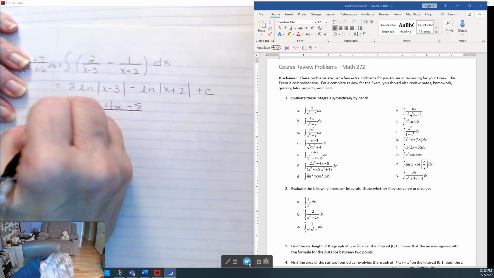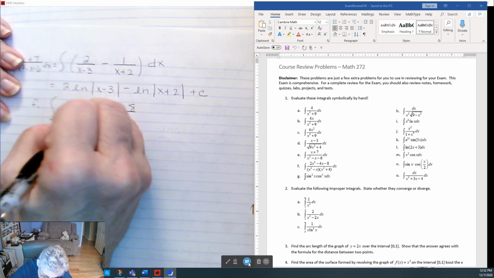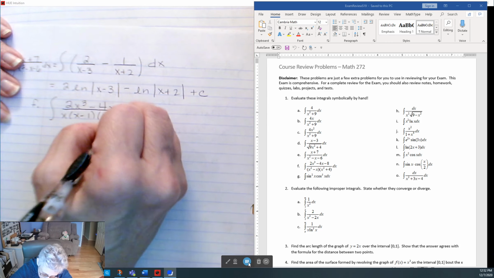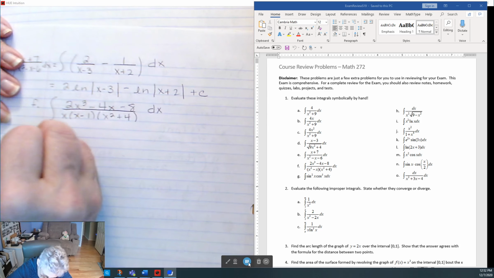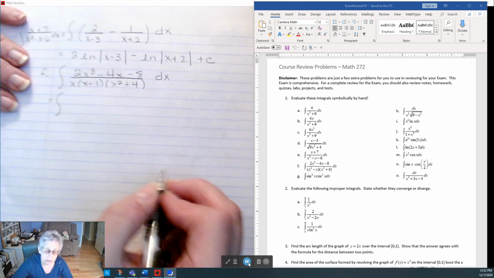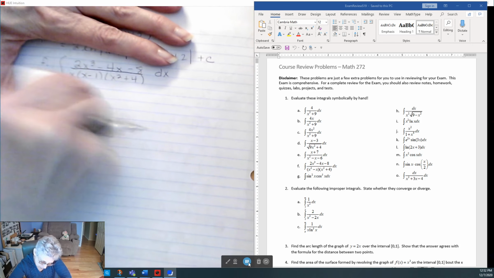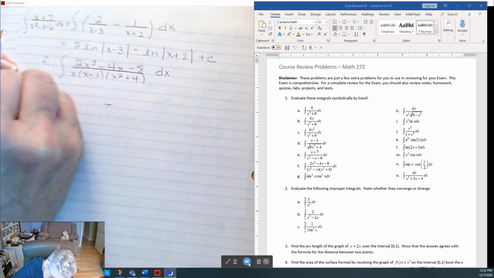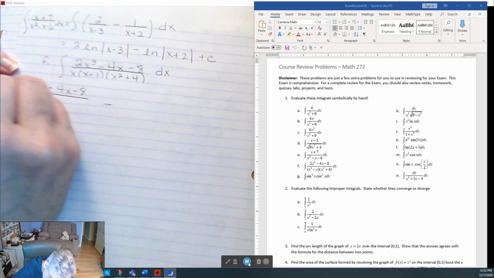So I'm going to go ahead and rewrite this as x times x minus 1 times x squared plus 4, which decomposes into, and don't write the integral down yet. It decomposes to x cubed minus 4x minus 8 over all that stuff.